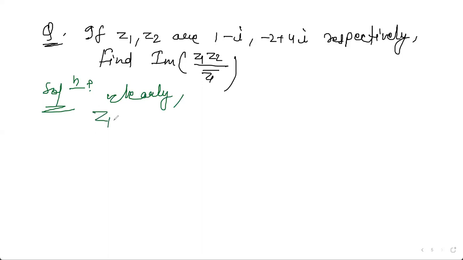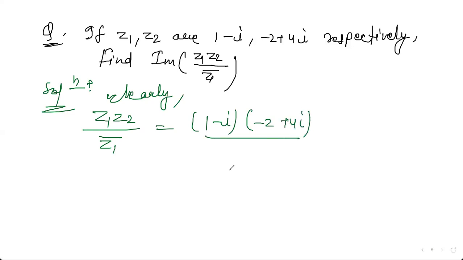First of all, we have to calculate z1 into z2 by z1 conjugate, and after finding this, we can find the imaginary part of this term. So we have 1 minus i and minus 2 plus 4i by z1 conjugate, meaning the conjugate of 1 minus i.